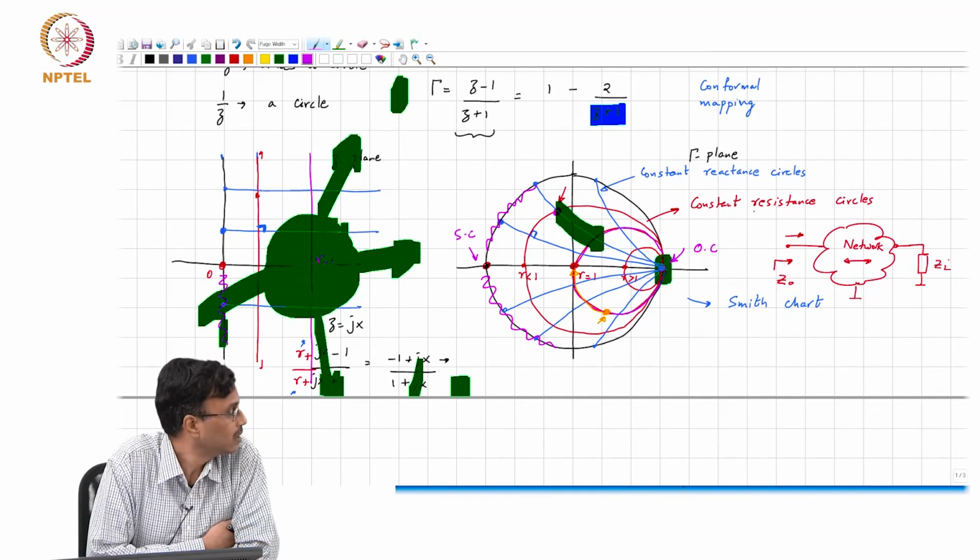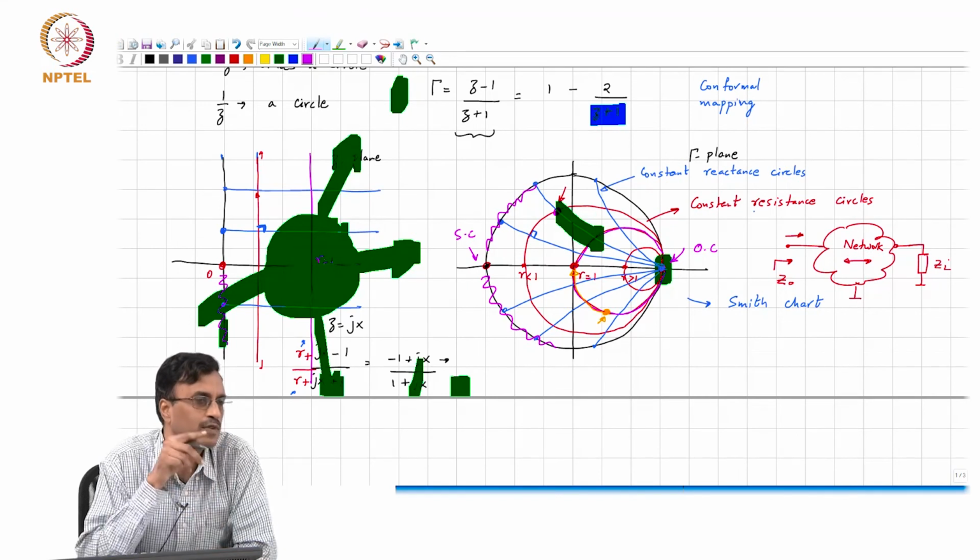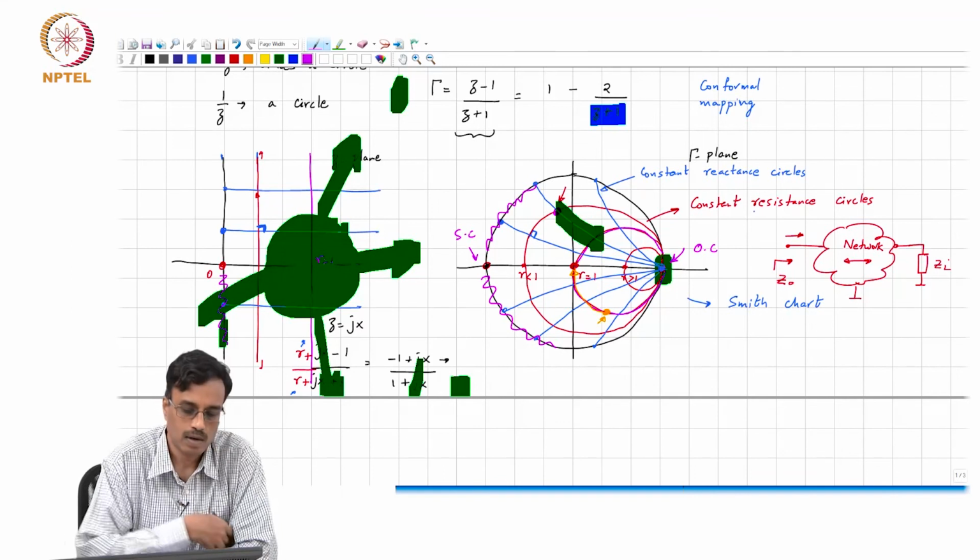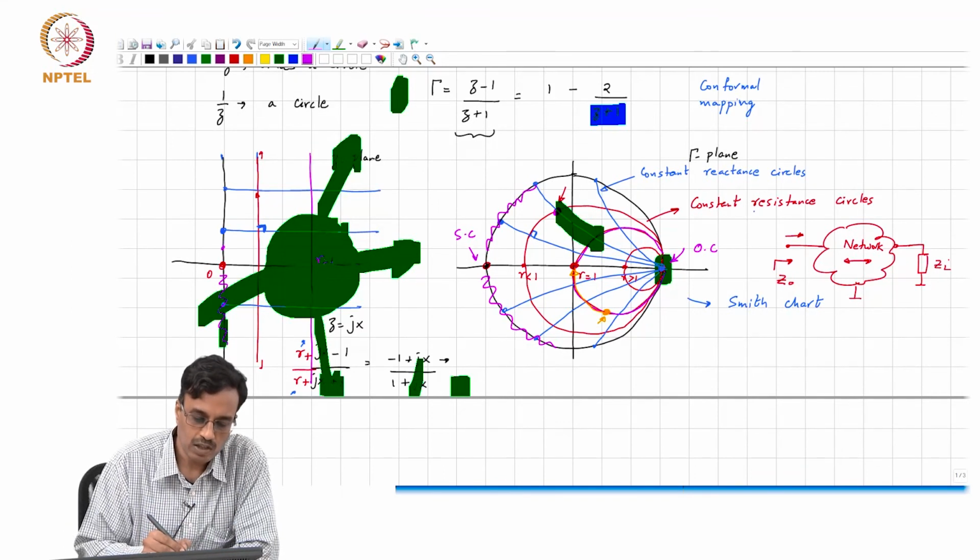all right. And if you have a fixed inductance but sweep frequency, what will be the locus of the points on the Smith chart? You have fixed inductance, but you sweep frequency. At each frequency, you plot the reflection coefficient. Where are you going to be? Well, on this picture, you are going to be here, right.